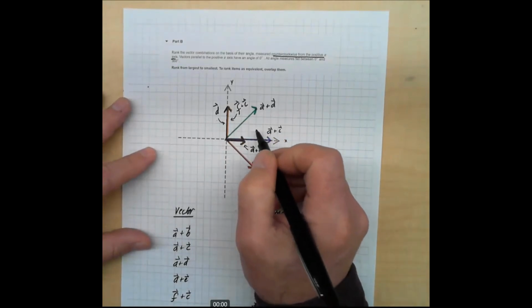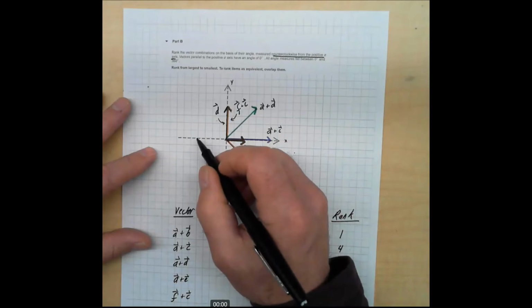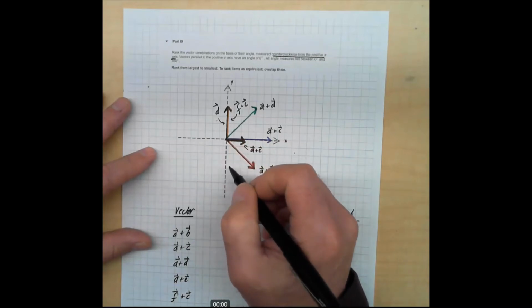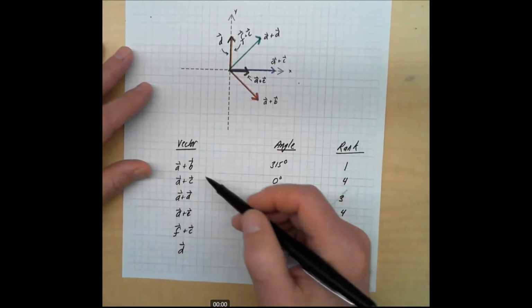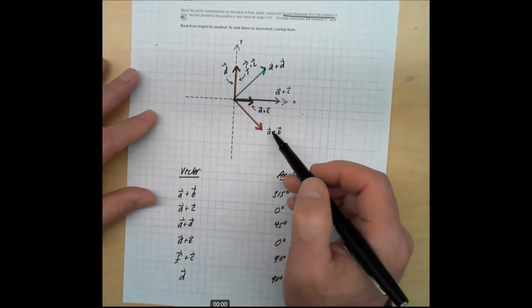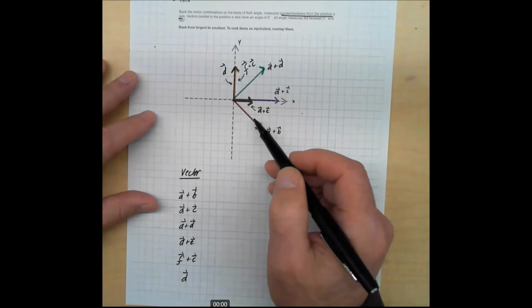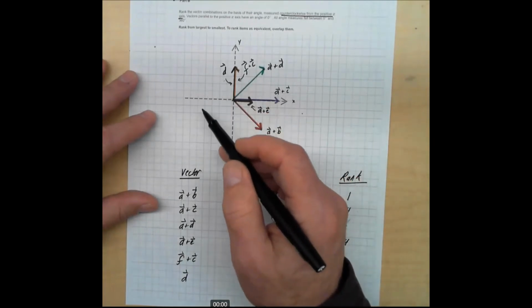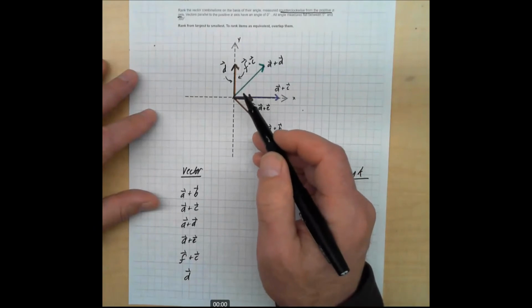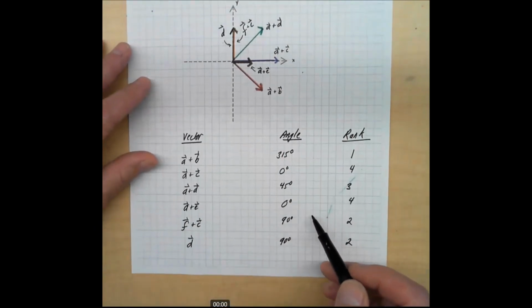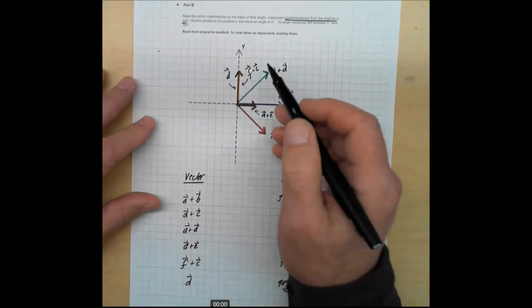So it would be 0 here, 90 here, 180 here, 270 here, and all the way to 360. I just did that here, and vector A plus B is way down here in the 4th quadrant, so that's 315. Then comes D and F at 90. That's a tie for second.